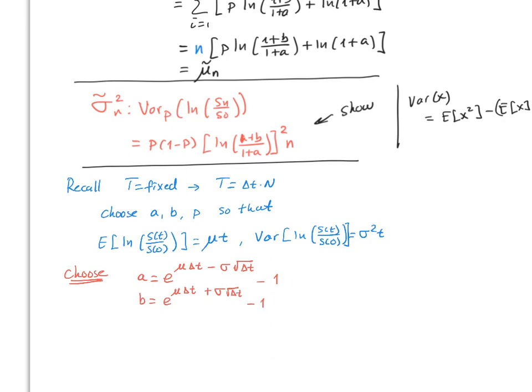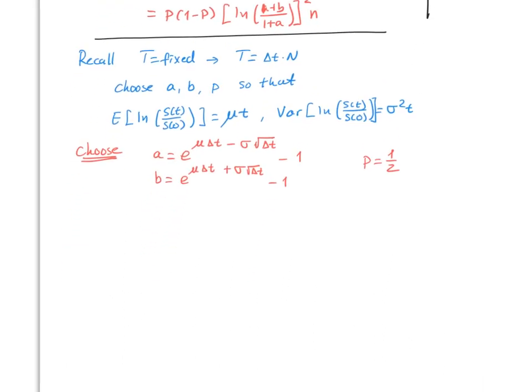Okay. If we make these selections and we also choose p to be equal to 1/2, then this is what we have.